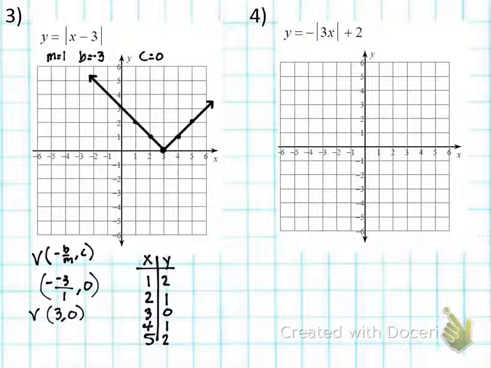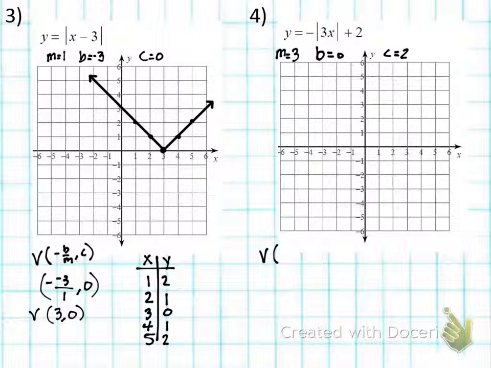B. Good. So if B is missing, we know we could assume that B is 0. So we're going to put B equals 0. And then our M is 3. And our C is 2. Okay? Start with the vertex.